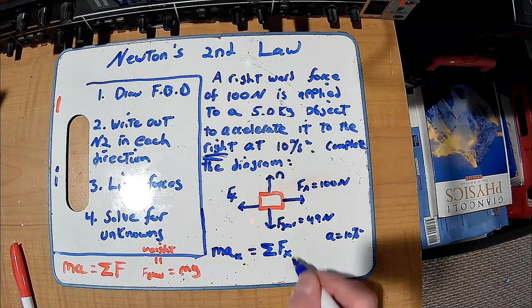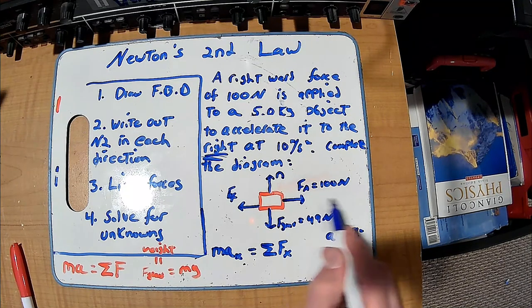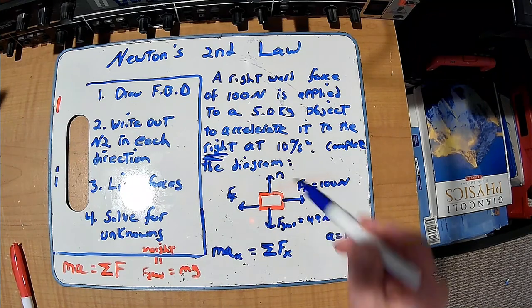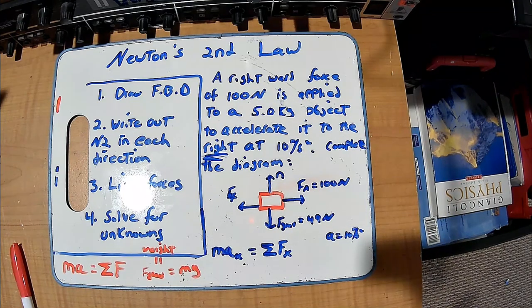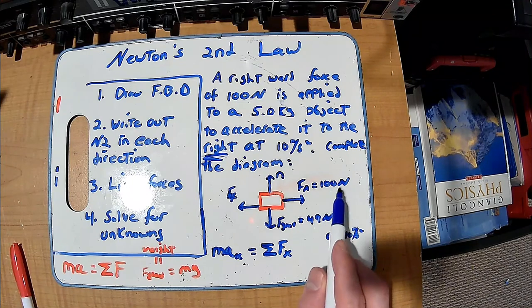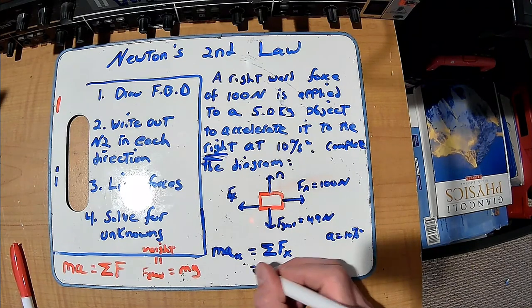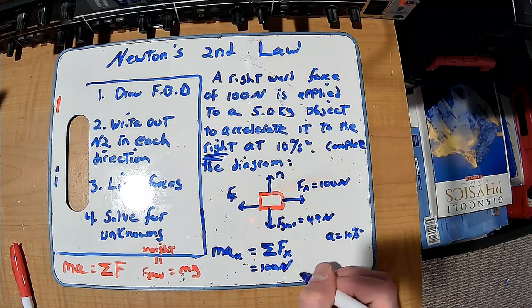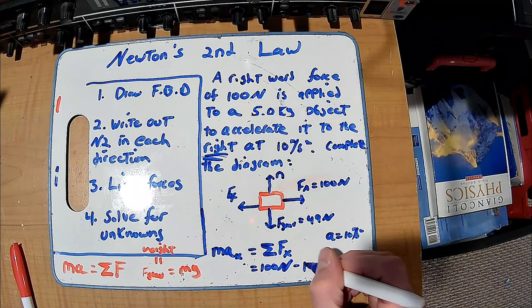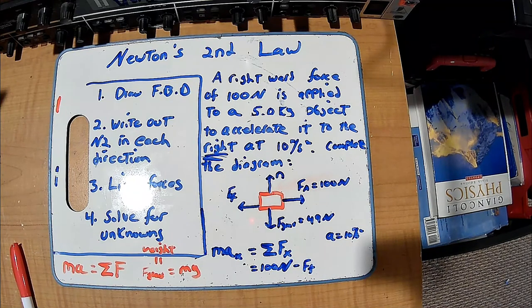Okay, again, let's list the forces, but this time horizontal only. We don't want to mix up vertical and horizontal. They're two separate directions. So we have this 100 Newton force, and we have this friction force, which we don't know how big it is. Let's just do minus FF for now, right? Because they're in opposite directions. Again, if they were in the same direction, I'd add.